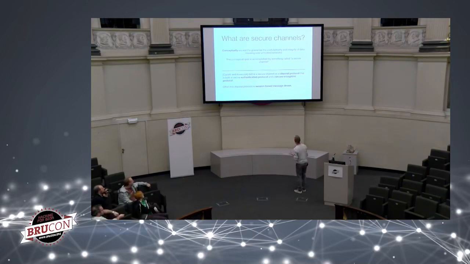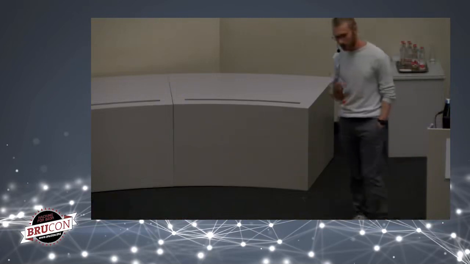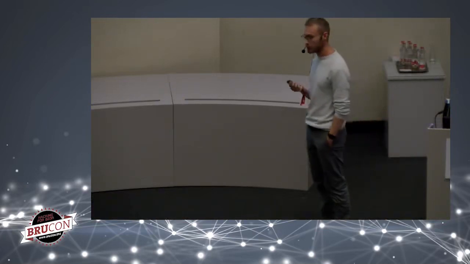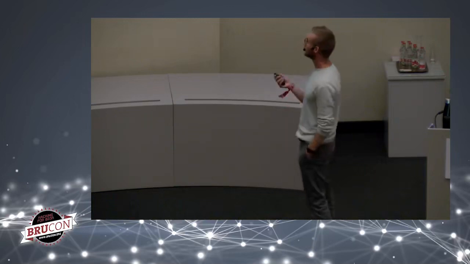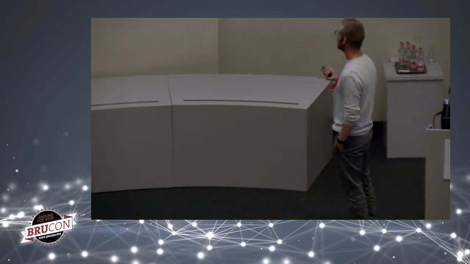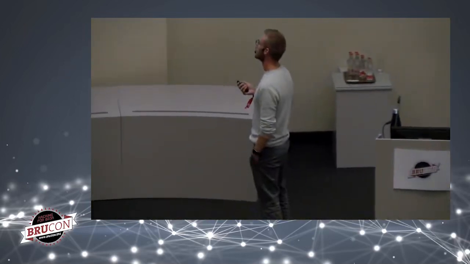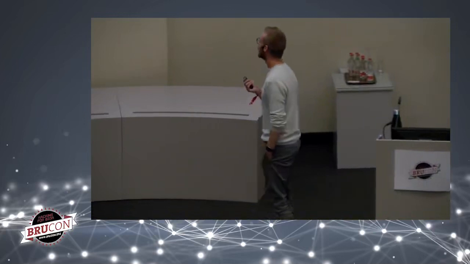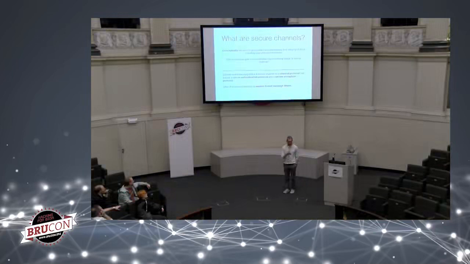So this conceptual goal is created, if you will, by something that we call a secure channel. There has been in the past a lot of research done about this notion, and more specifically, those two people here have defined a secure channel as a channel protocol that both provides secure authentication, if you will, and secure encryption, meaning that we are going to authenticate the two parties which are talking to each other.